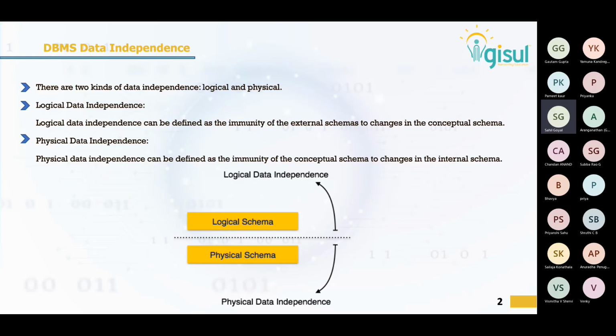Now, when we talk about data independence between a physical schema and the logical schema, what does it mean? Logical data independence can be defined as the immunity of the external schema to changes in the conceptual schema. Physical data independence can be defined as the immunity of the conceptual schema to changes in the internal schema. What does it actually mean?